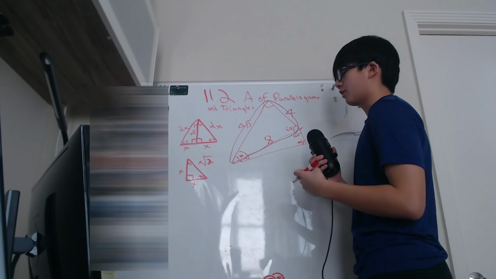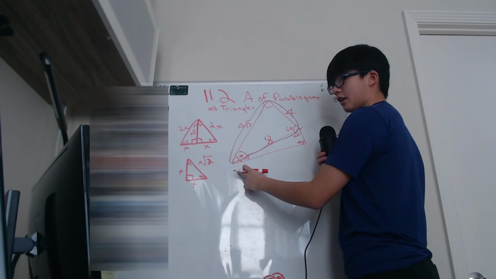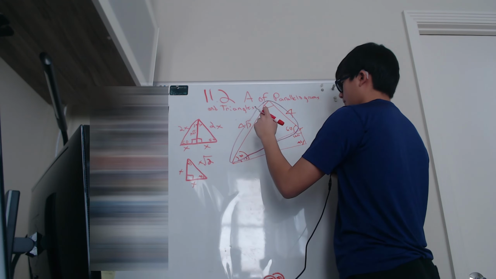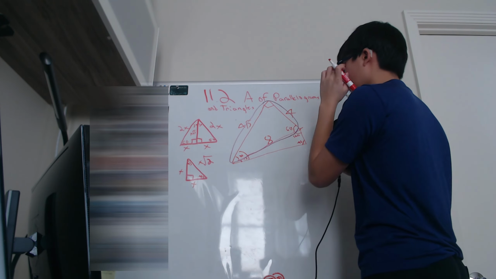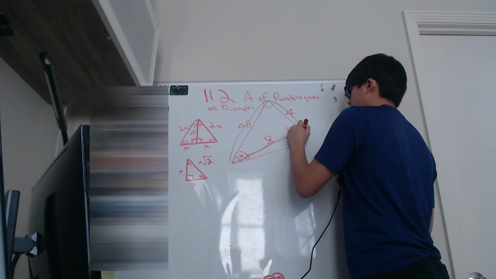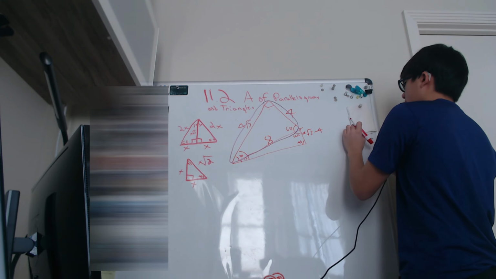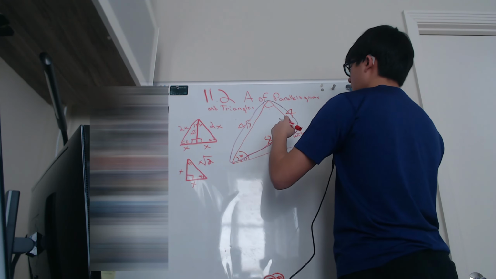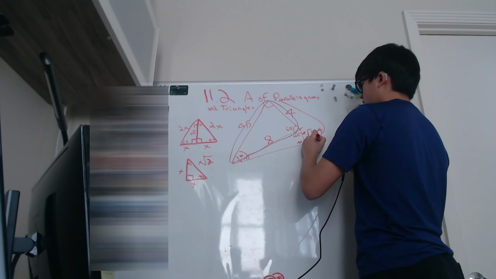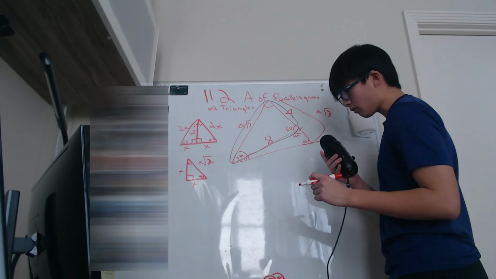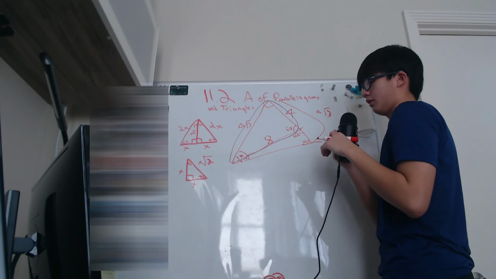This already gives us a lot more information that we can work with. Because both these angles are 45 and 45, this side and this side are congruent. Or you could say this is 4 root 3 minus 4, but we don't necessarily need this information. What we do know is that because the sides are congruent, this entire side right here is 4 root 3. So now there are two triangles that we can work with.